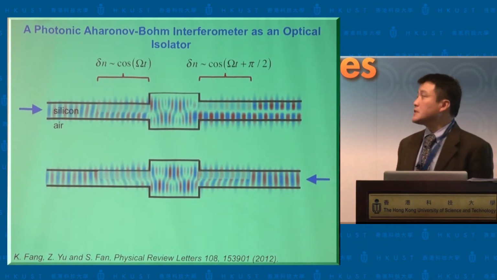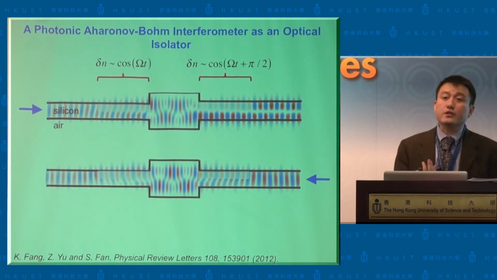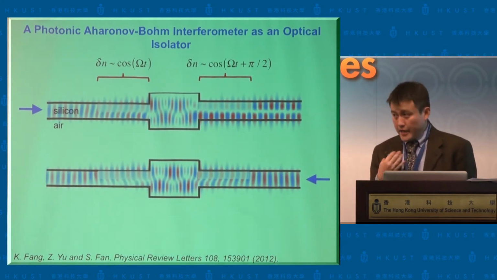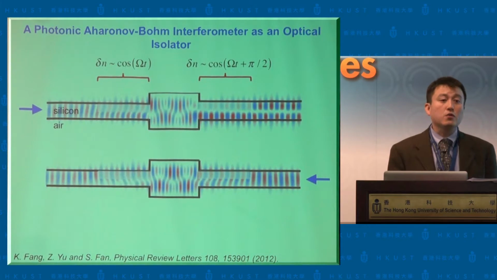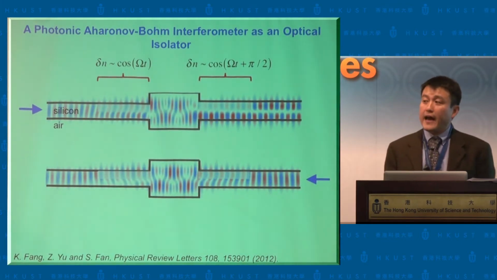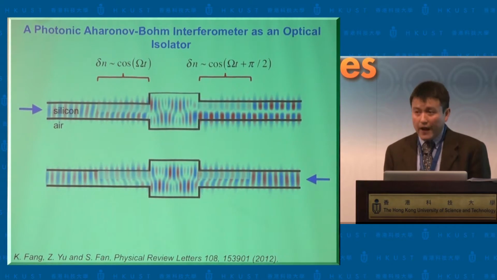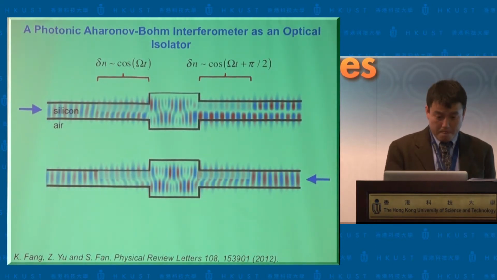Now, up to this point, I've shown you that you can use modulation to create an effective gauge potential for photon. So the natural next step is to actually create an effective gauge field for photon, or an effective magnetic field for photon.